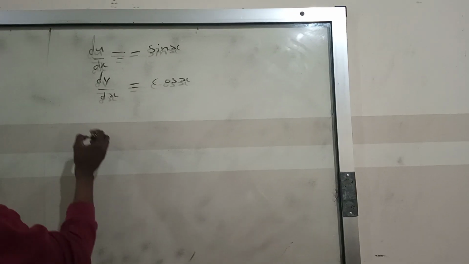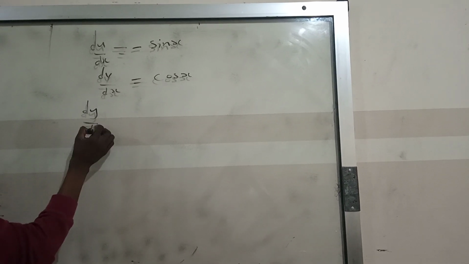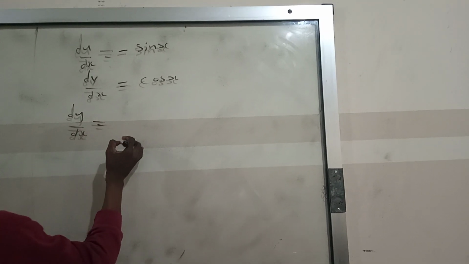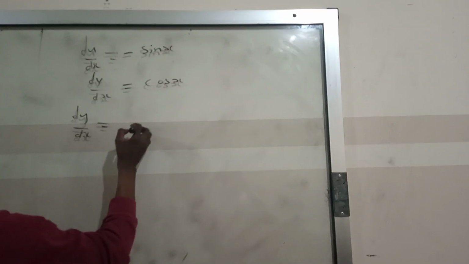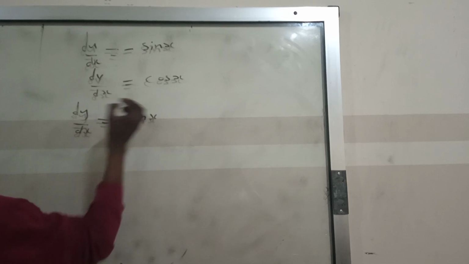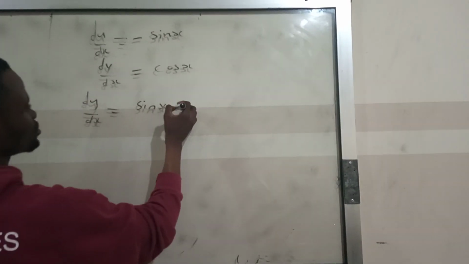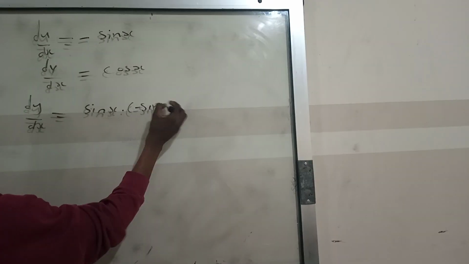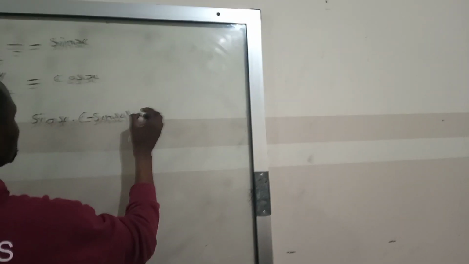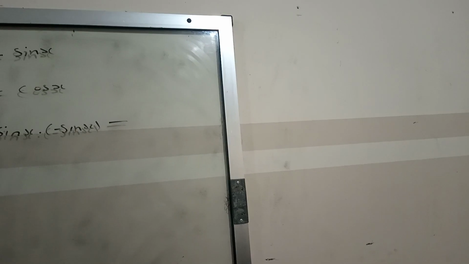So you're going to get dy/dx equal to: what is your v? Your v is sin x. What is your du/dx? Minus sin x. Minus, what is your u?